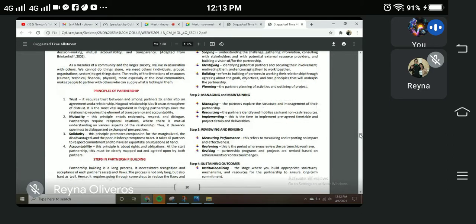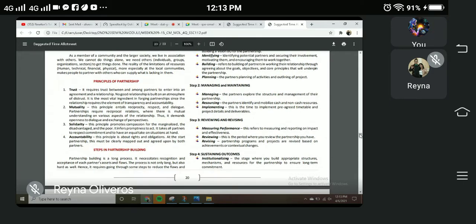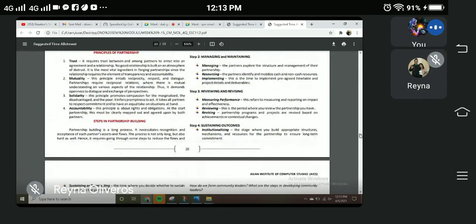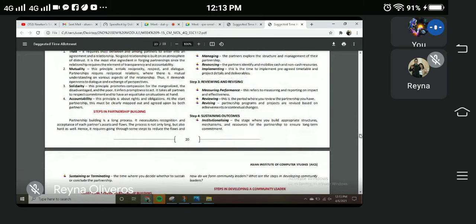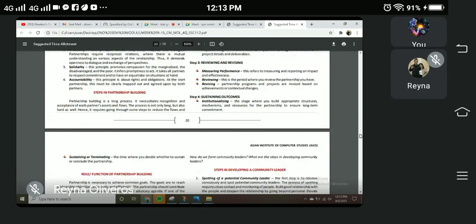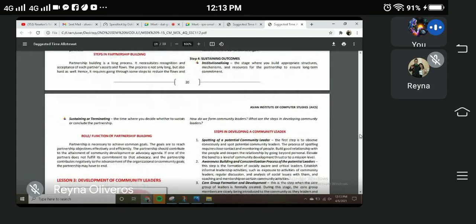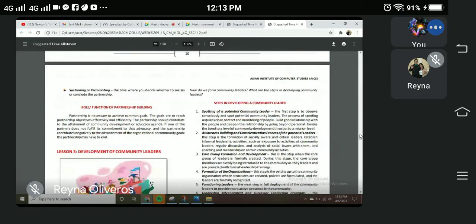This covers measuring performance, reviewing, and revising. For step number 4, this covers sustaining outcomes, which covers institutionalizing and sustaining or terminating.